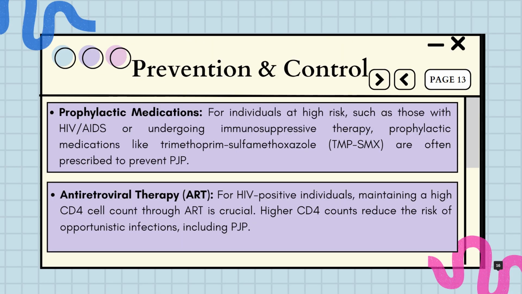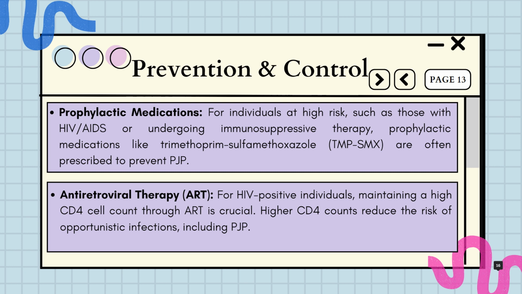At this juncture, let us now discuss the prevention and control of the pathogen. First is the prophylactic medication. This is for individuals at high risk, such as those with HIV or AIDS, or undergoing immunosuppressive therapy. Prophylactic medication like trimethoprim-sulfamethoxazole is often prescribed to prevent PJP.